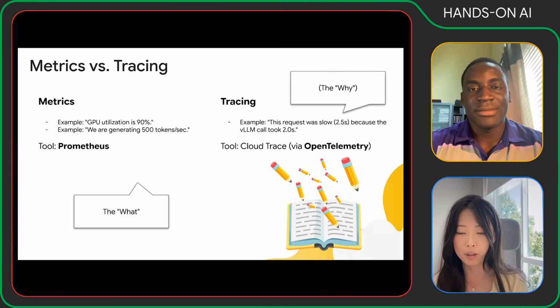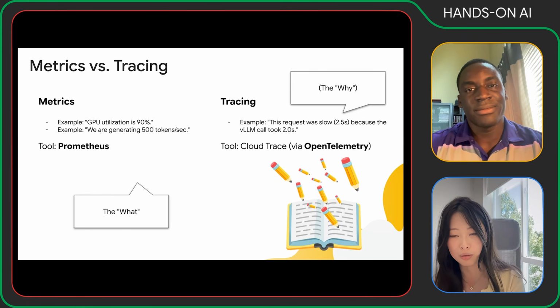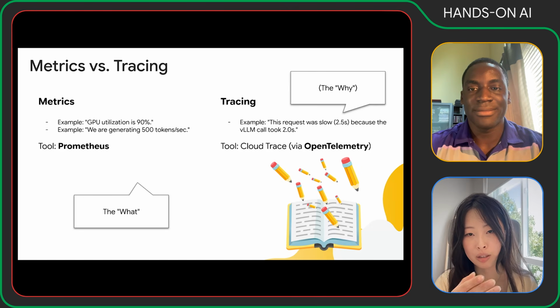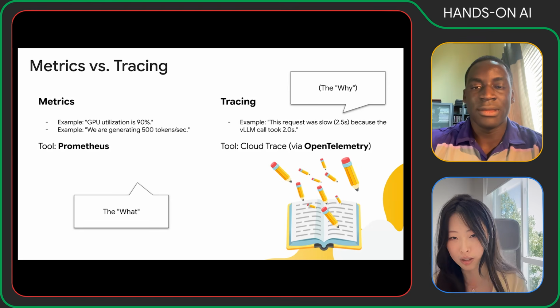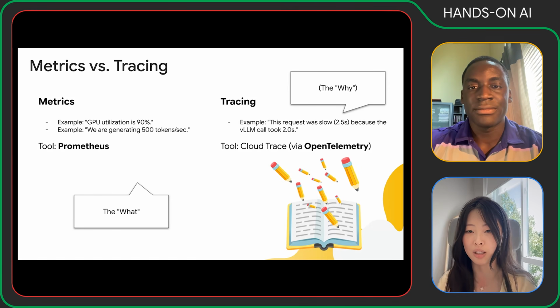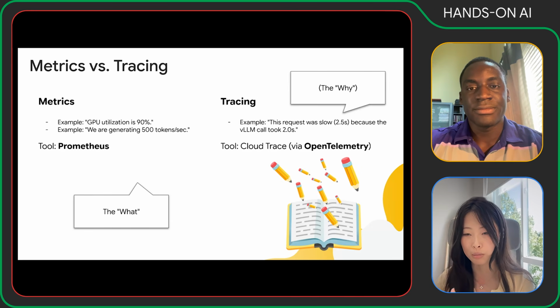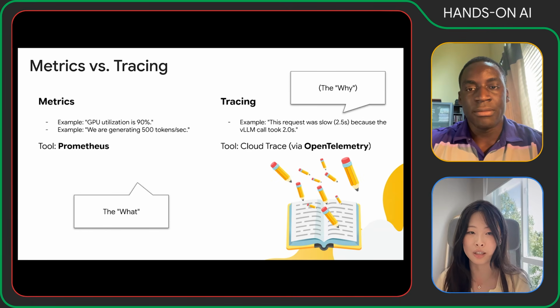But what if you want to troubleshoot things, or you want to understand how to improve certain things? You need tracing. In this example, this request takes 2.5 seconds because of this, and this takes another few seconds. So basically, tracing gives us more detail of what's going on behind the scenes, so that it helps you troubleshoot, analyze, improve the overall AI system, and make better design choices.